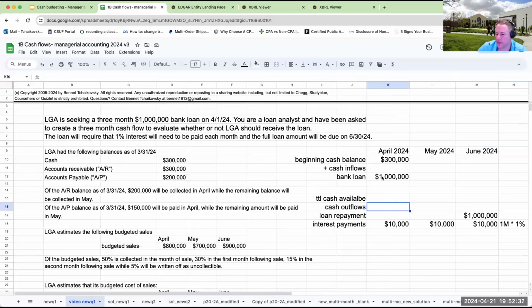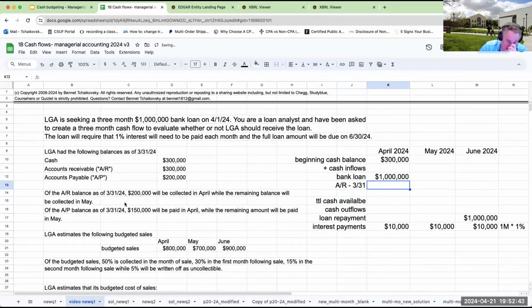So coming over here, we have our accounts receivable. Let's read what it says. So the AR as of 3/31, it says 200,000 will be collected in April. So of this 300,000, remember, we're trying to match up over here, how much cash are we receiving?